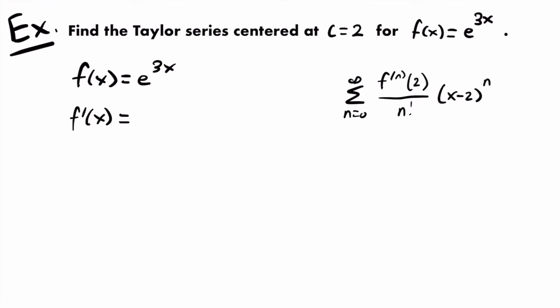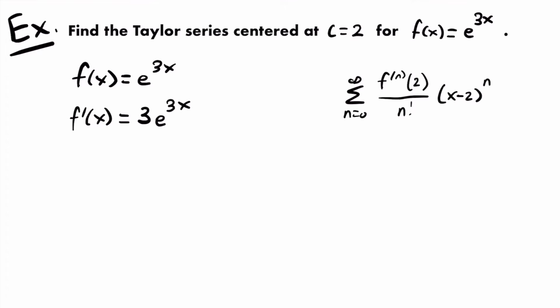Now the derivative of an exponential function with a base of e will just be equal to that exponential function, e to the power of 3x, and then we need to multiply by the derivative of that exponent via the chain rule. All right, now the derivative of 3x is just 3, so we're going to multiply by 3. So 3 times e to the power of 3x is the first derivative of this function.